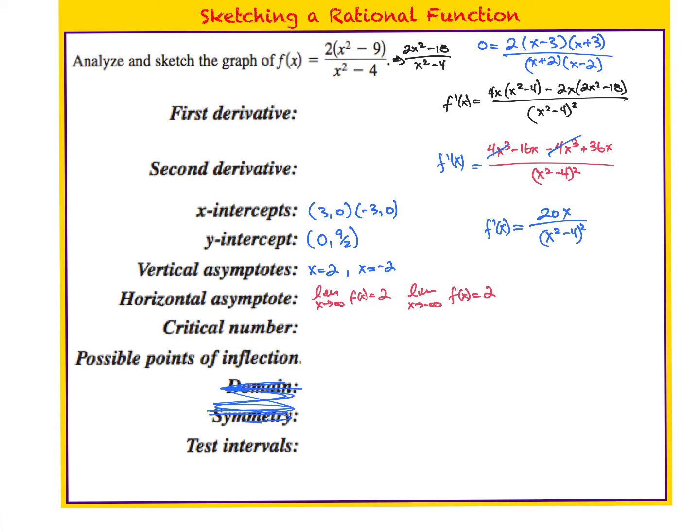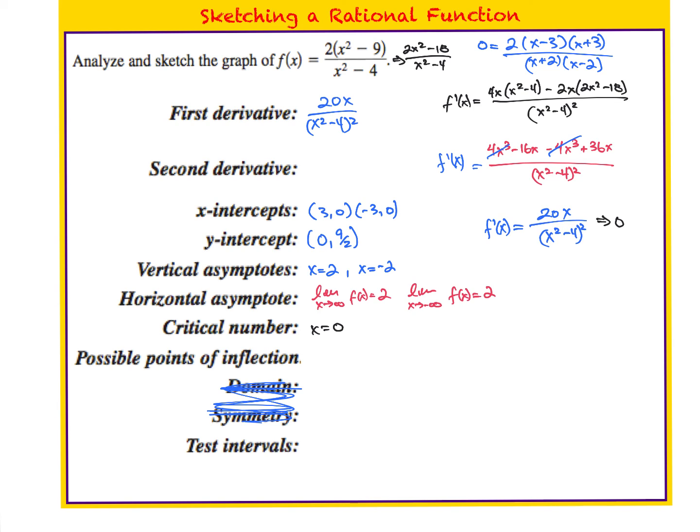I know, it's so lovely. So what am I going to do with that first derivative? I'm going to set it equal to 0. And so when I set it equal to 0, what's my critical number? X equals 0. All right.